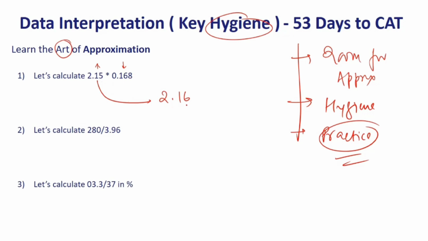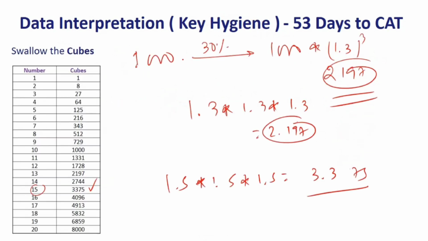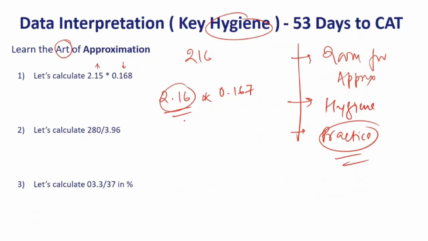So I increase it slightly, it becomes 2.16. I reduce the other slightly, it becomes 0.167. And you will realize why I am doing this. Think about it. You must have seen 216, right? Let me show you. Do you see 216 here? So you can write this number as 6 cube upon 100. Have you seen this number?